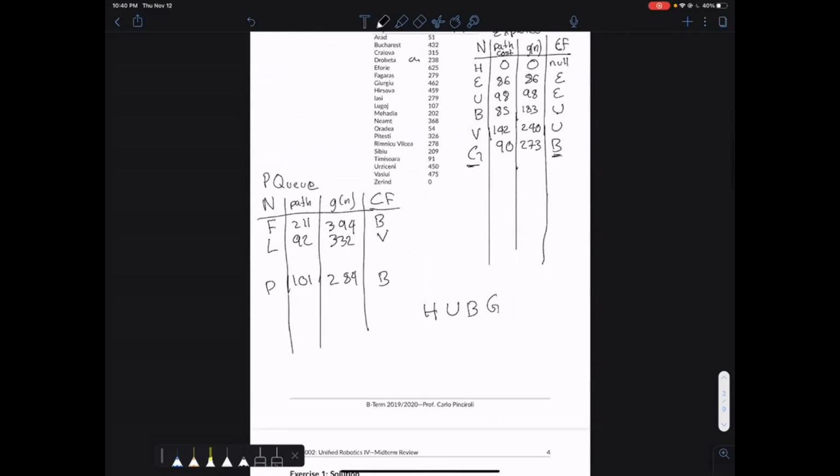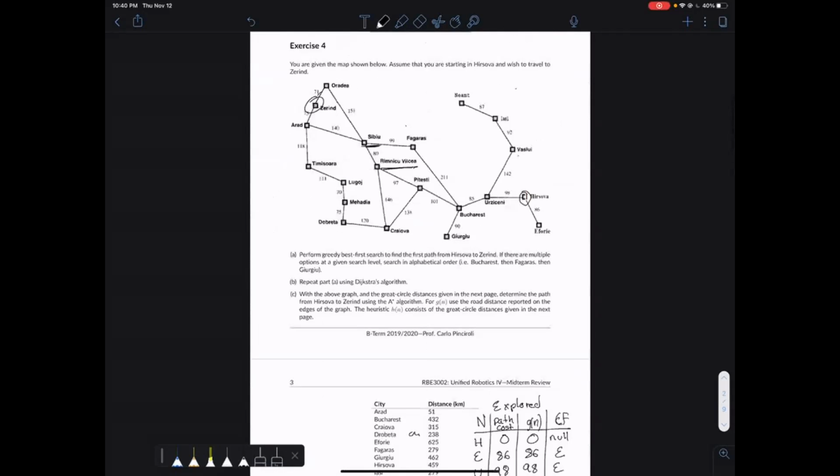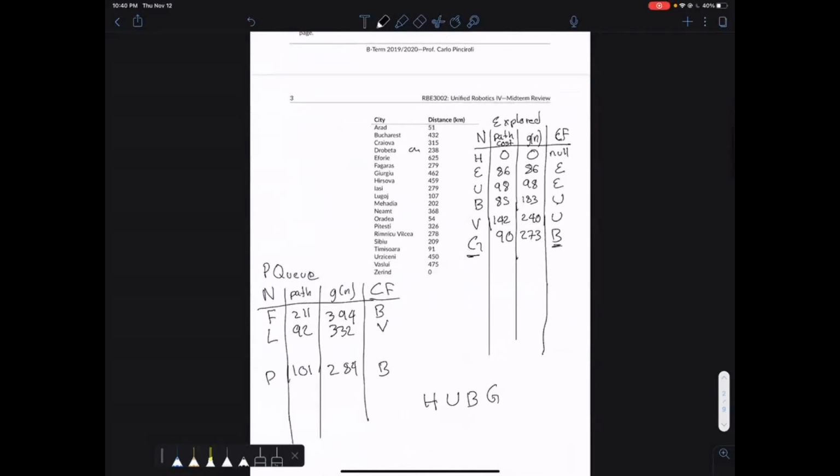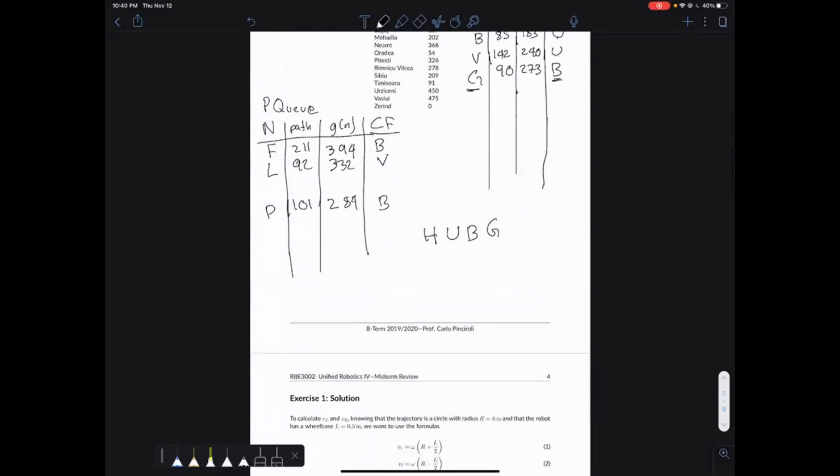If your Cebu cost to Rimu Vikea is lower than your existing Rimu Vikea cost, you should update that node in your queue. That's an important thing. I'm sure we're going to cover this again in A star, and you'll have a concrete example, but make sure you keep that in mind. If not, let's go ahead and move on to A star.